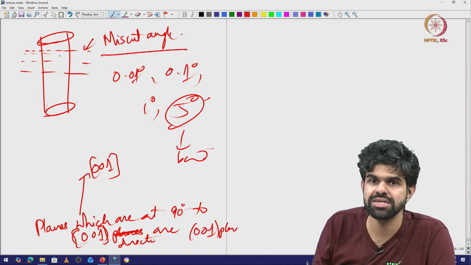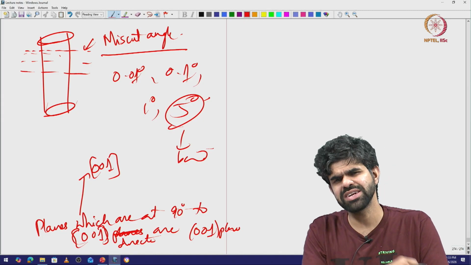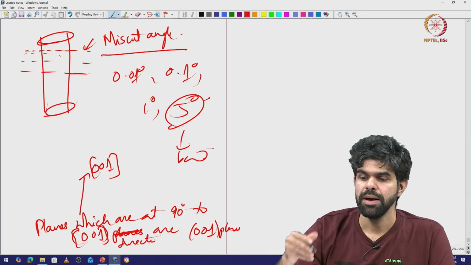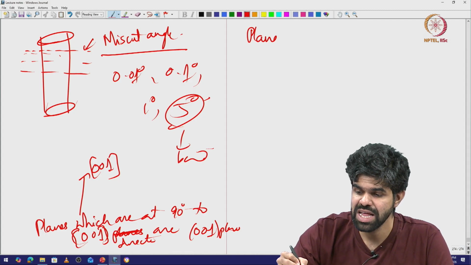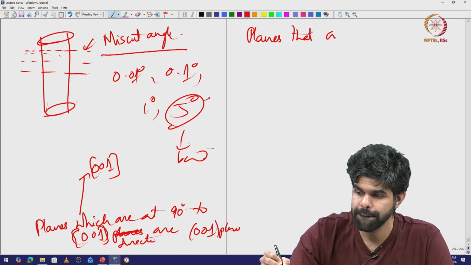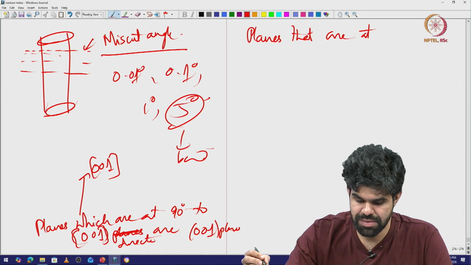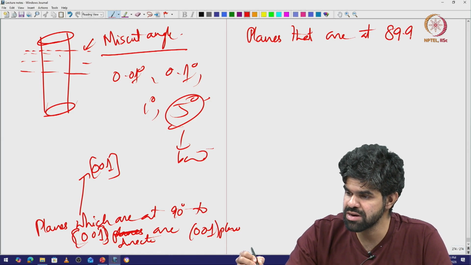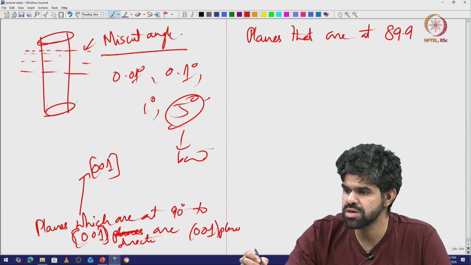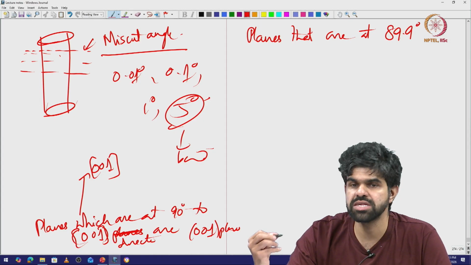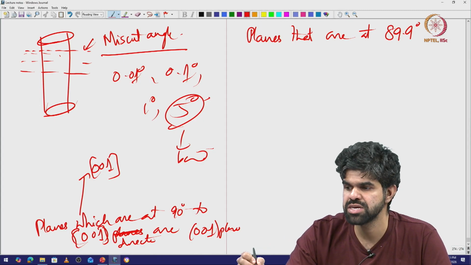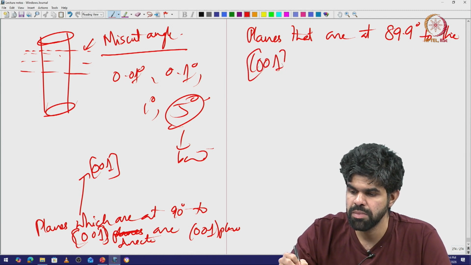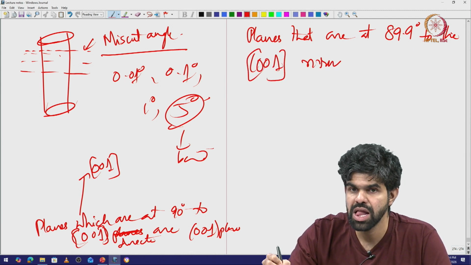That is how it works in a cubic system. Let us just assume simple cubic crystals. But the planes that are at something like 89.9 degrees, that is a 0.1 degree miscut to the 001 normal.